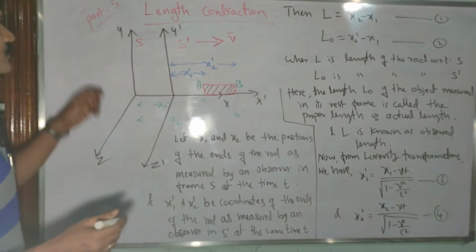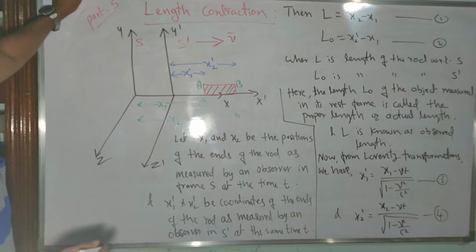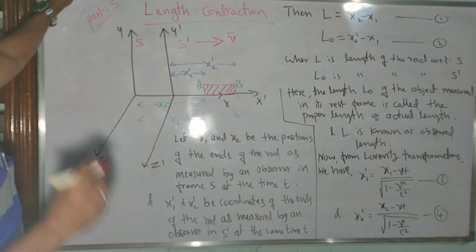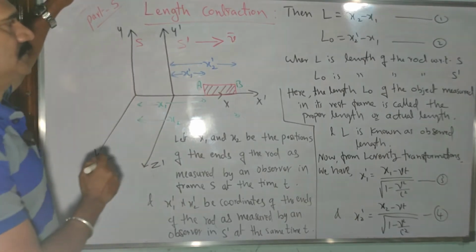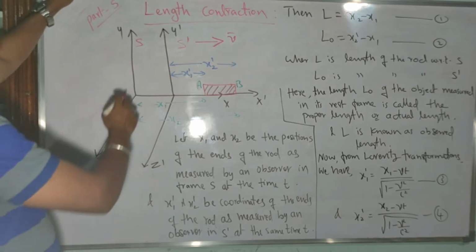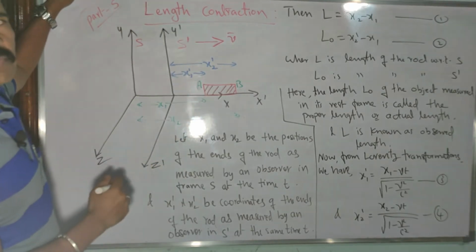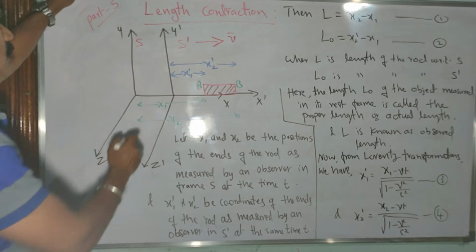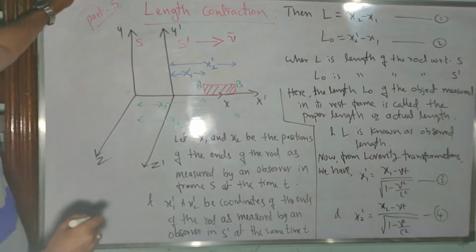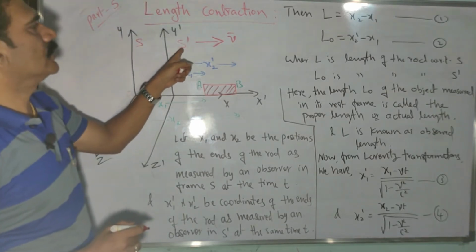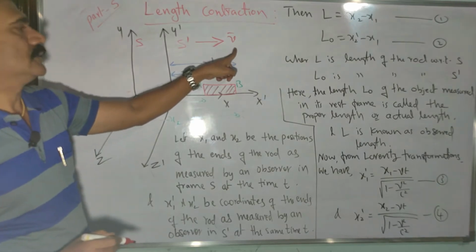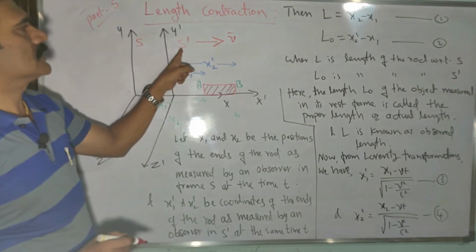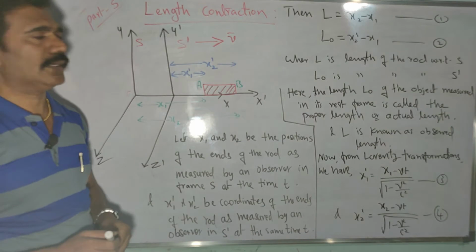Here as usual, first of all you have to consider the two frames of references, that is S and S dash. The frame of reference S is considered as a fixed frame of reference for an observer O, and the frame of reference S dash is moving with the velocity V along the x-axis, correct?